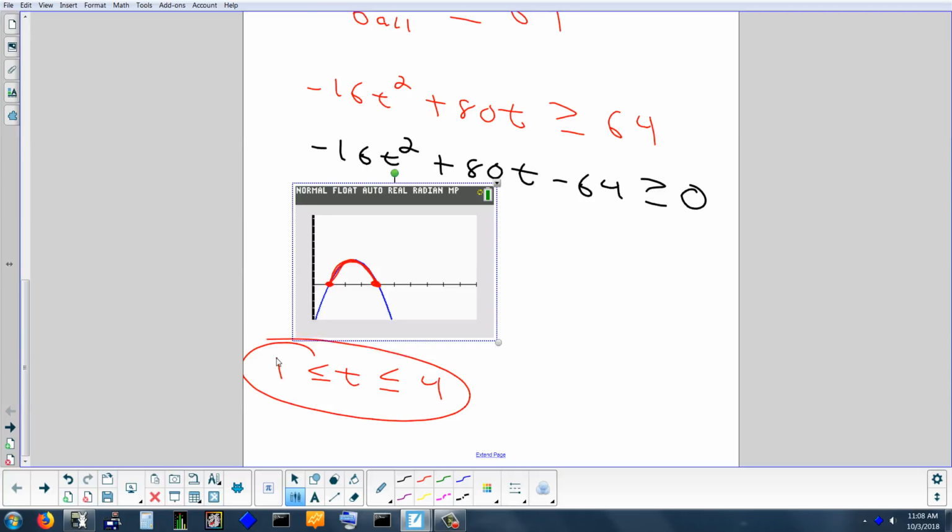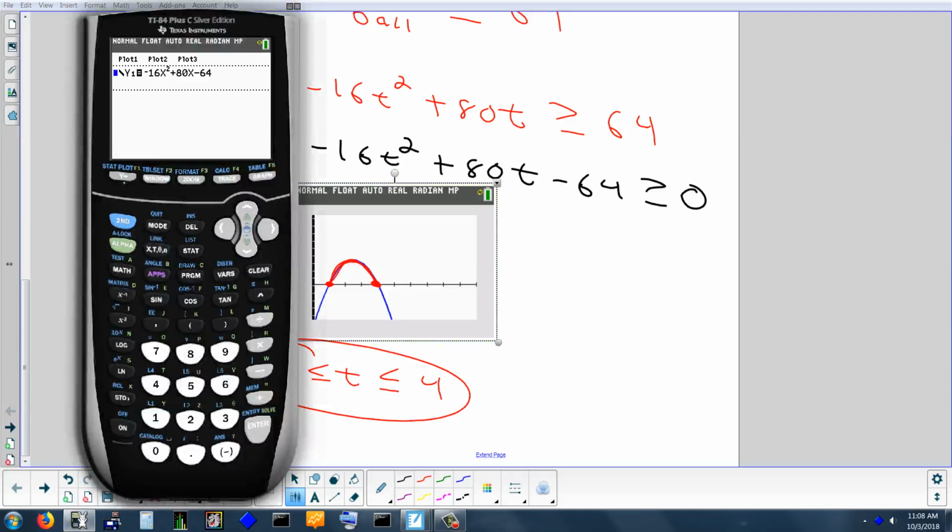If you didn't want to solve it this way, another way you could have done it, I see some people do it, they leave the 64 right where it is. They leave the negative 16t squared plus 80t alone on the other side, and they graph what's on the left and what's on the right as 2 separate equations. A line is going to come in at 64. And now you're interested in this part right here.